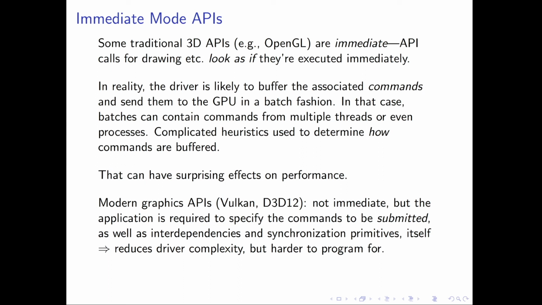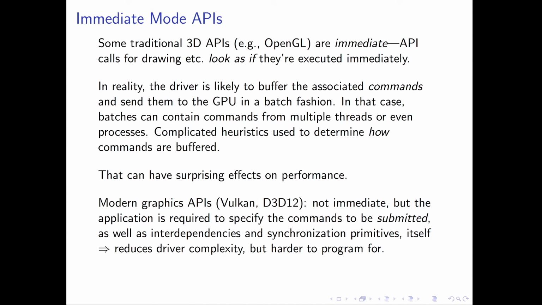So the actual GPU model underlying the graphics API is fundamentally different, because typically with such a model we would have, on the other hand, a very complicated driver, and that driver would obtain the draw commands from the graphics API.